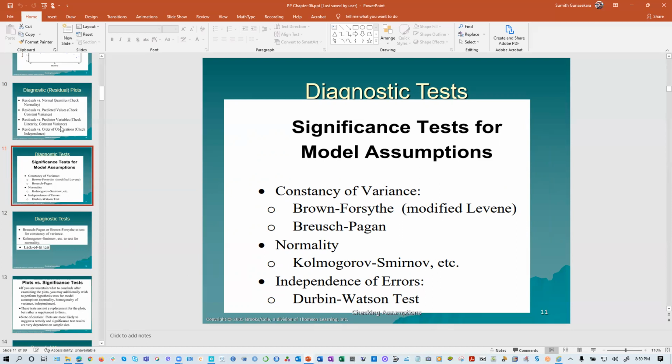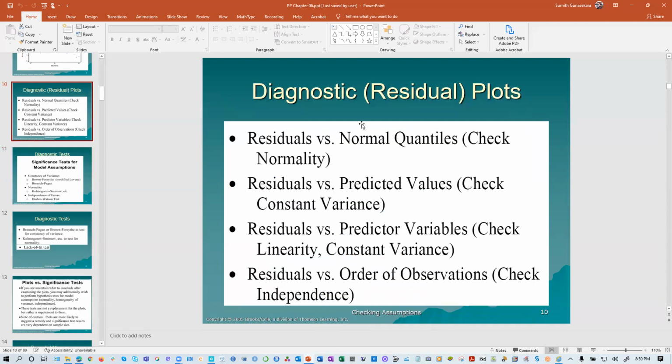These differ from what I've been talking about. Those are graphical checks. When a data set is given and you don't know how it behaves, the first and foremost thing is to draw a graph. The major graph would be the histogram. The histogram will tell you the shape, center, skewness, kurtosis, and spread.